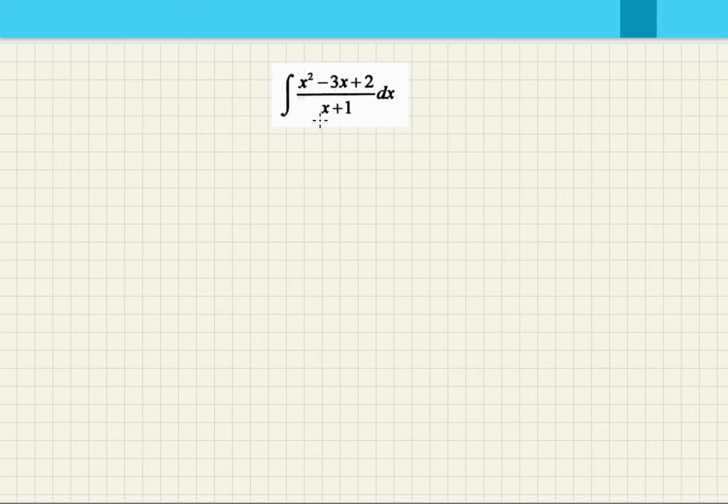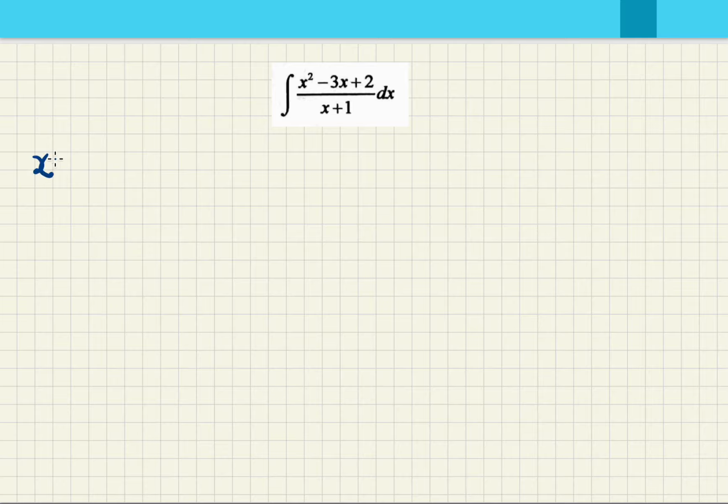The degree is the highest exponent of the expression. So for the denominator, the highest exponent is 1. X to the power of 1 is the highest exponent. And in the numerator, the highest exponent is 2. And since the denominator's degree is less than the degree of the numerator, we can do long division.